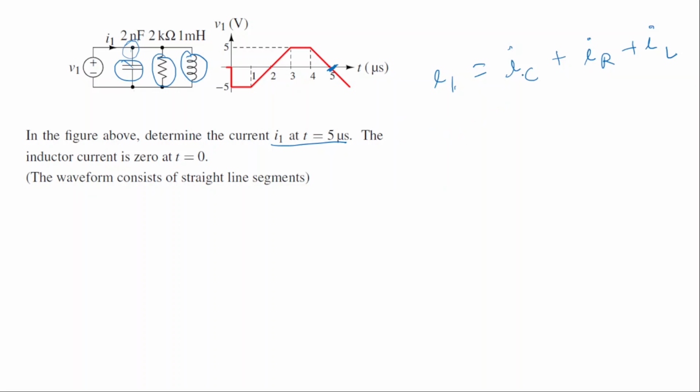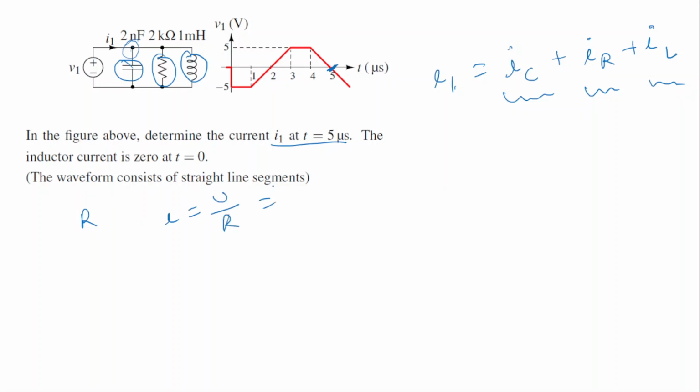So we need to find the individual current in every component, and then the total current will be the sum of all those currents. Now the simplest: across the resistor R, what will be the current? It will be just V by R.